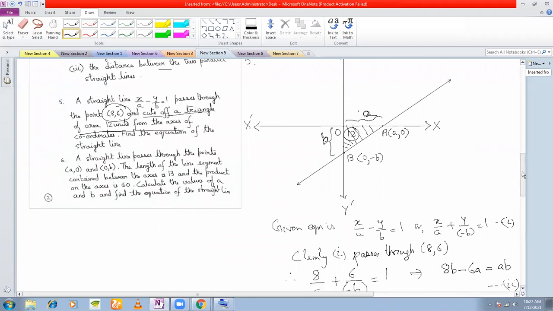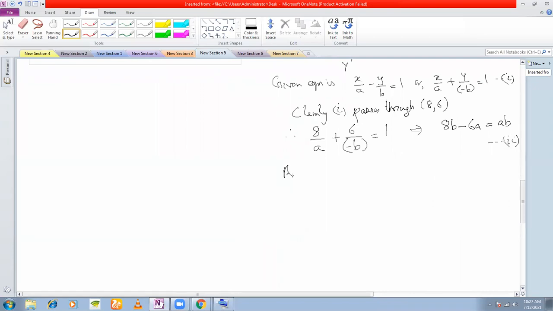So area of triangle OAB is equal to half into OA into OB. The area of the triangle is given as 12, so 12 is equal to half into a into b. So you get here ab is equal to 24.